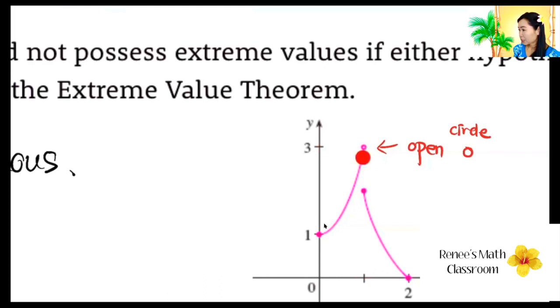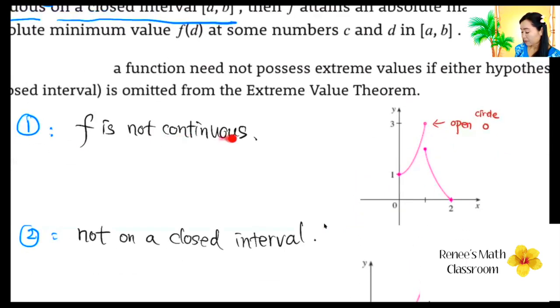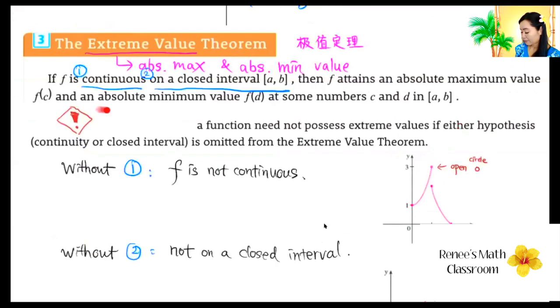So this function has no absolute maximum on this domain from 0 to 2. So if I take away continuity, there's no guarantee that the function attains an absolute maximum. So this condition is necessary for this conclusion.